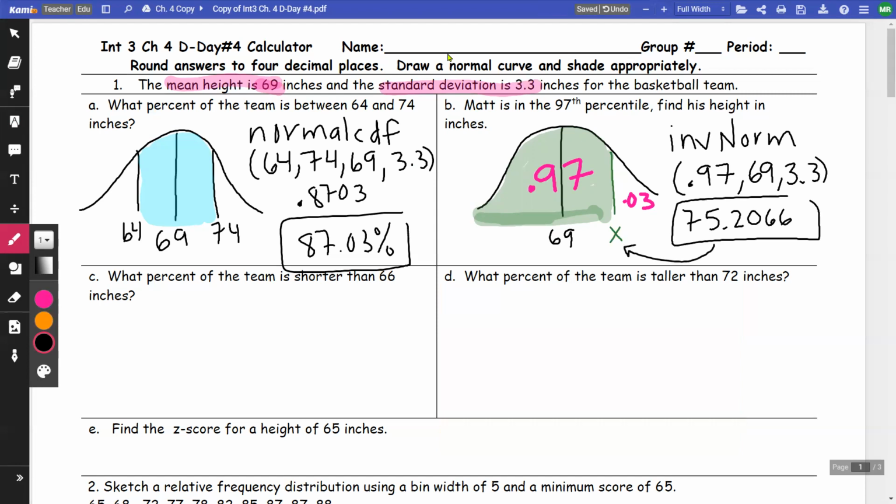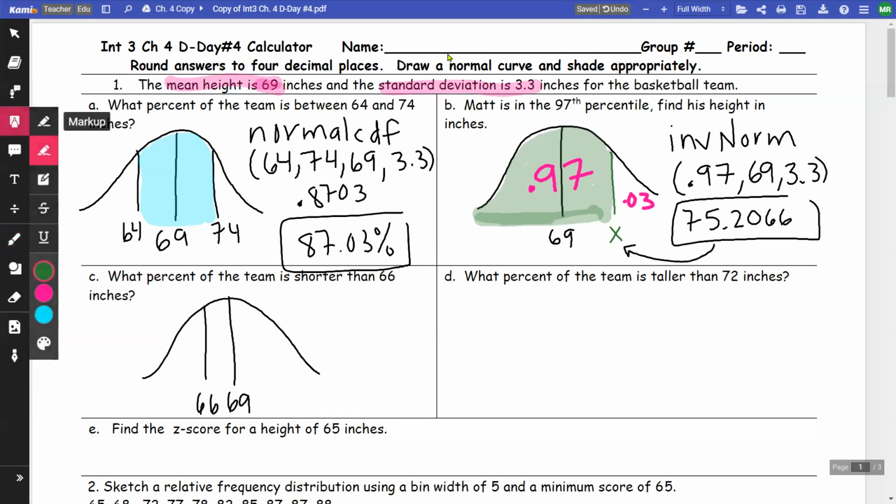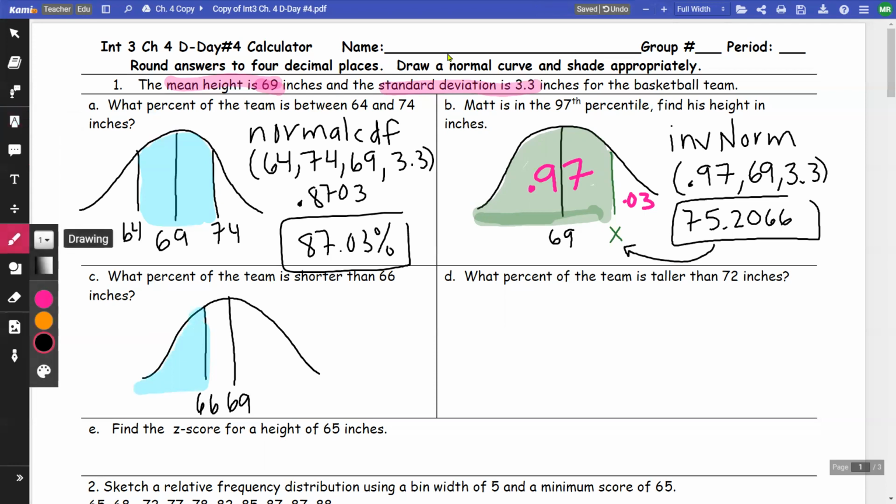What percent of the team is shorter than 66 inches? So if I have my mean of 69, I want to know what percent is shorter than 66. I am looking here. And so for this, I'm going to do a normal CDF.